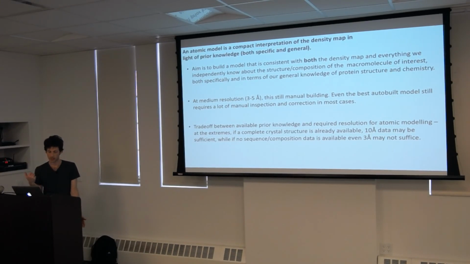So incorporating what we know about protein structure and protein chemistry, both in general, like we know with a great deal of precision what an ideal alpha helix looks like, but also with reference to the specific case that we're trying to build. So if we have a crystal structure of a protein or a homology model of a domain, then that helps us out a lot.